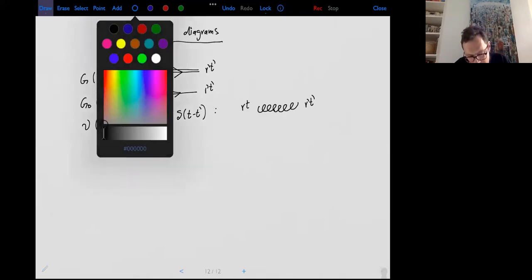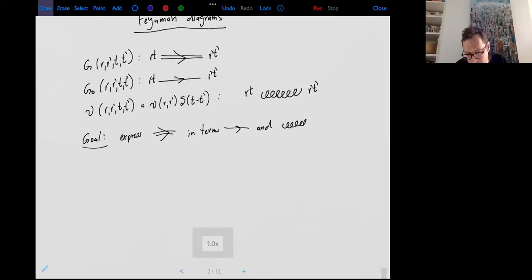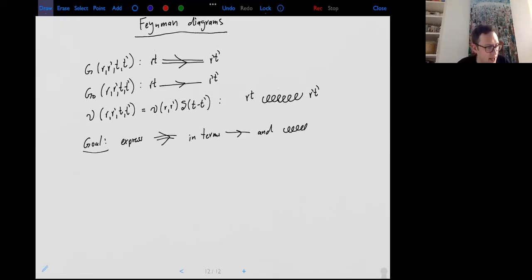Okay, and the goal of this exercise is basically to express the quantity that we want in terms of the quantities that we have, which are these two, right? So we want to draw a bunch of pictures that relate these quantities, and basically what Feynman has come up with is a recipe for doing just that.